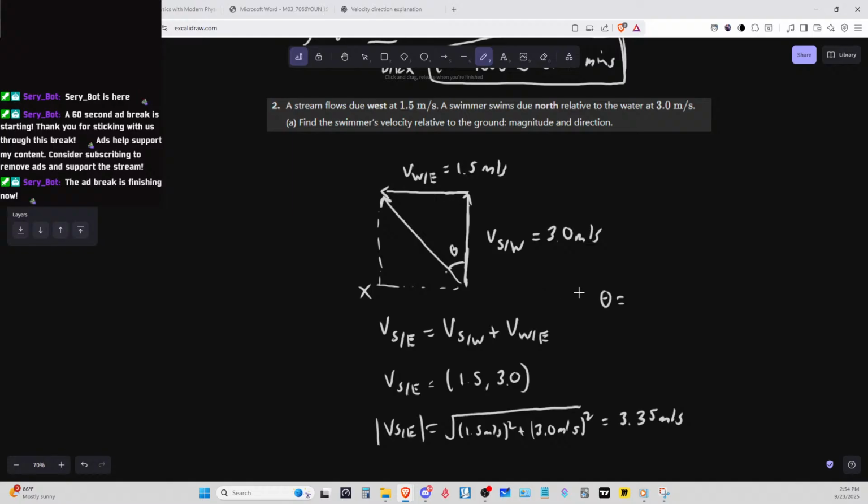So let's see. This would be tangent. In this case, we want the opposite over the adjacent, like that.